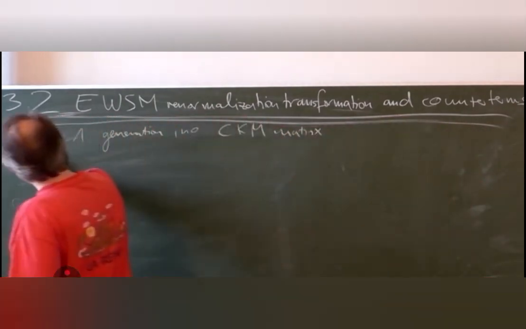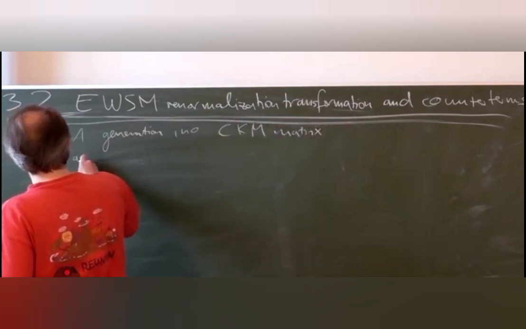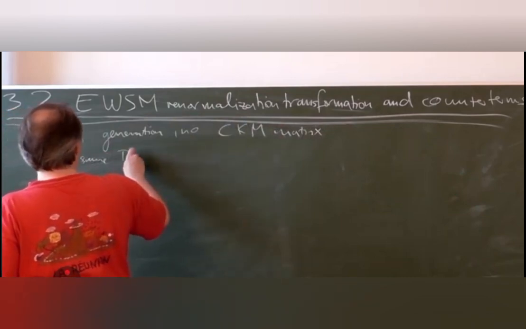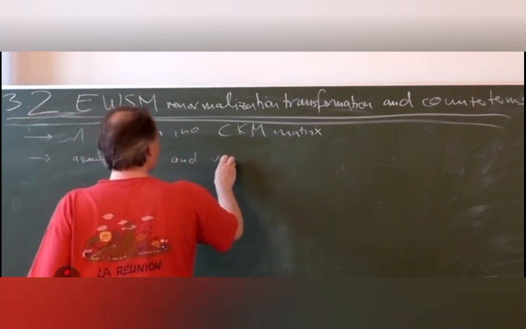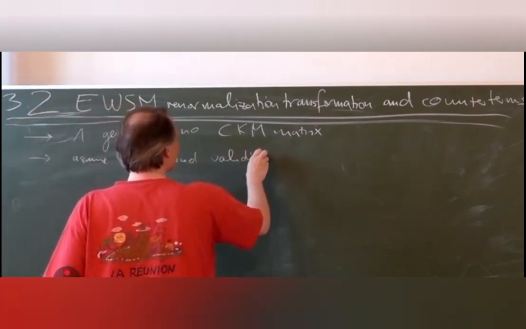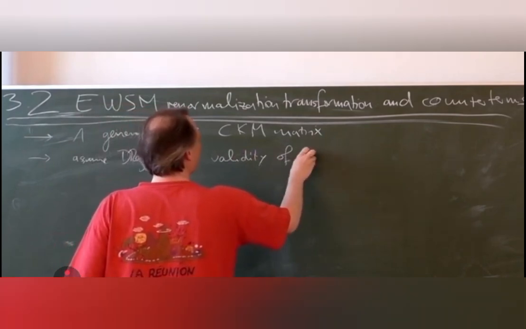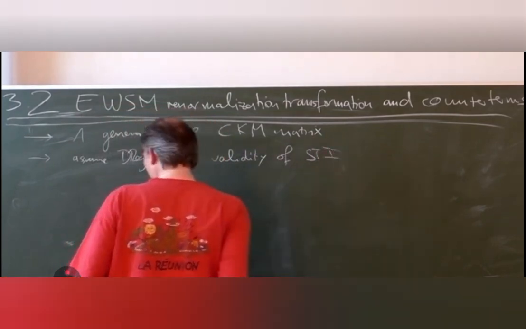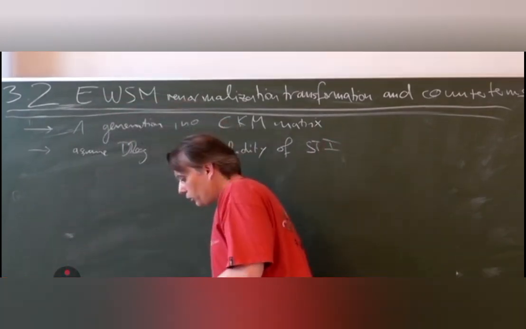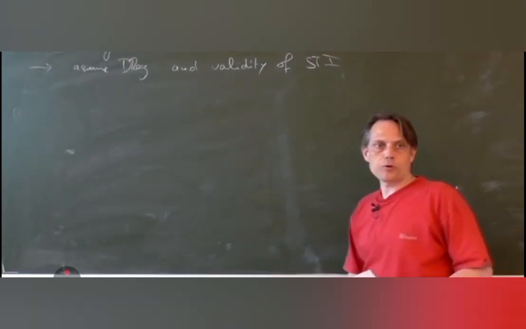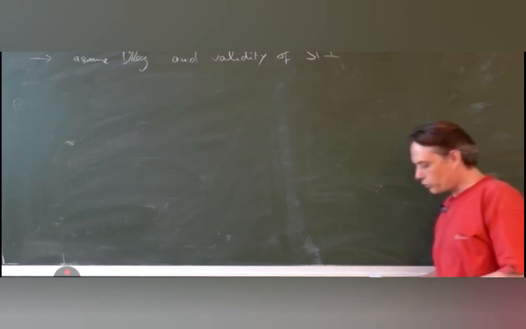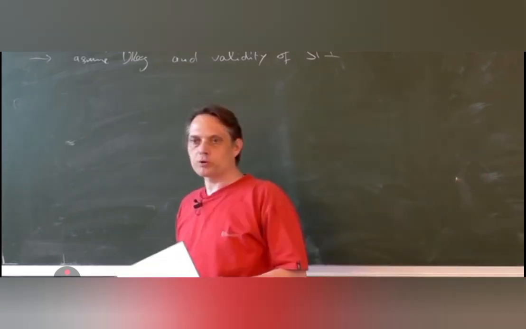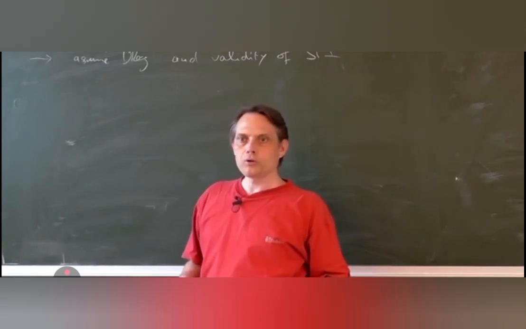And like for QED, we assume dimensional regularization, and we assume the validity of all relevant Slavnov-Taylor identities. And then we know what is the correct counter-term structure in principle, namely it can be obtained from the usual field and parameter renormalization transformation, and our job is to work it out in detail and figure out a useful renormalization scheme.